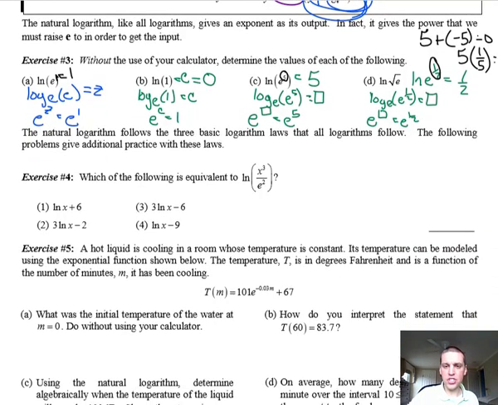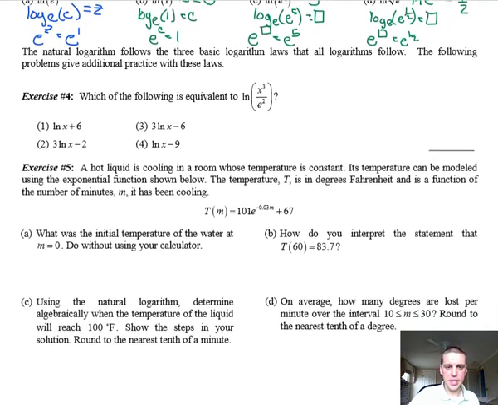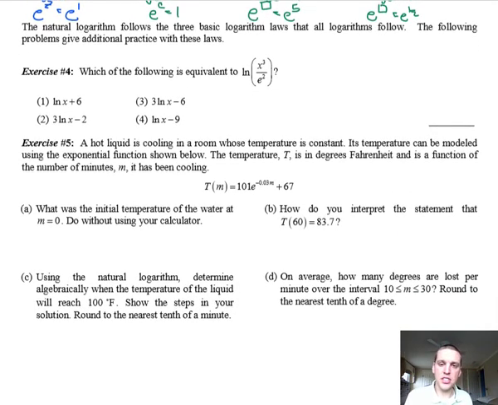So what doesn't change here is that natural logs are the same as logarithms in terms of the properties. And so when we have the ln of x to the 3rd over e to the 2nd, we see division, and so therefore we think quotient rule. So we're left with ln of x cubed minus ln of e squared.